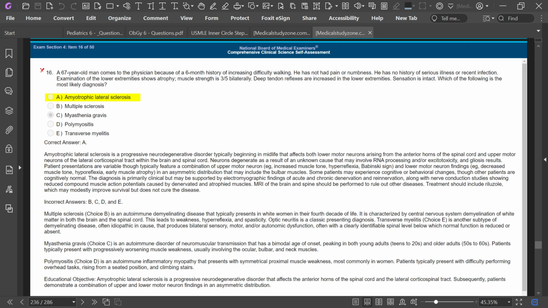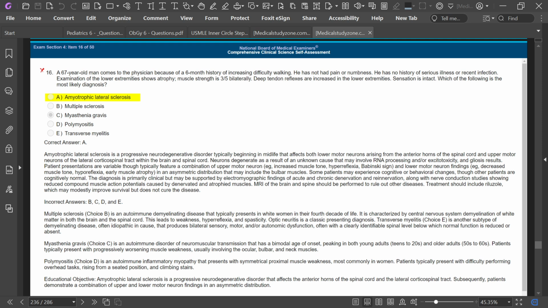I want to add another thing. In ALS, mostly we know the one drug. Can you tell me the name of the drug? Riluzole, which reduces glutamate-induced excitotoxicity, isn't it? Yes.